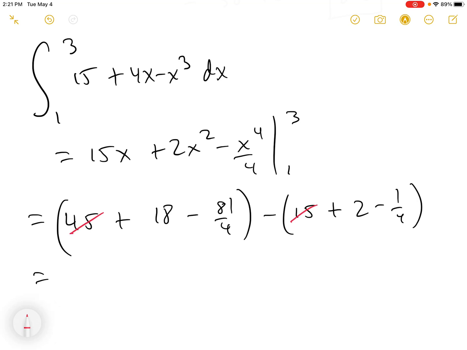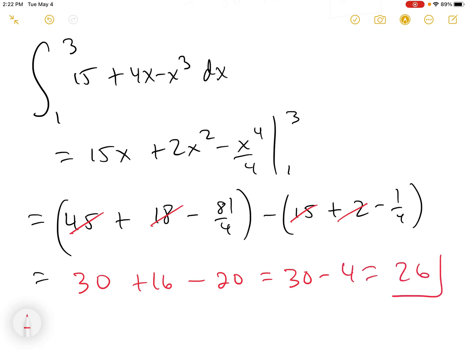So 45 minus 15 is 30. 18 minus 2 is 16. Minus 80 over 4, which is 20. And that is 30 minus 4, which is 26.